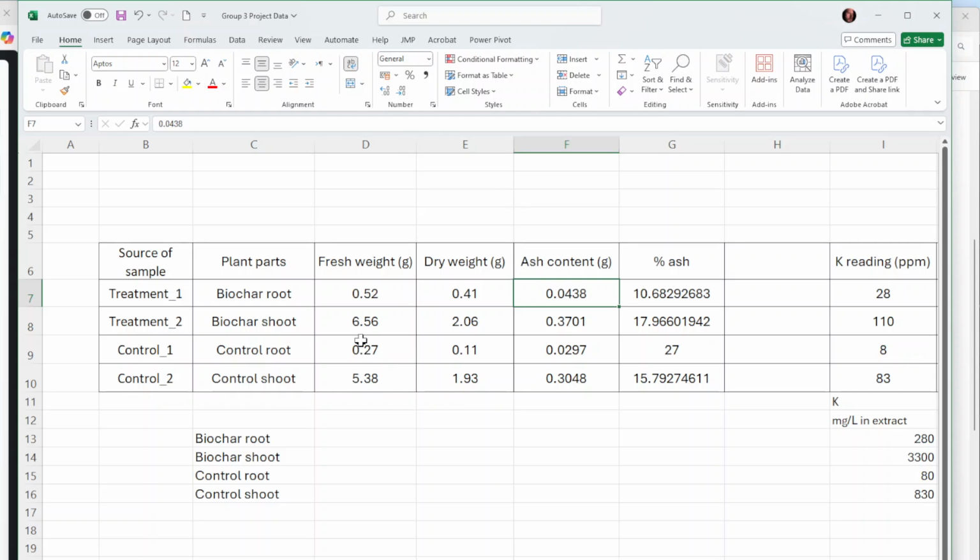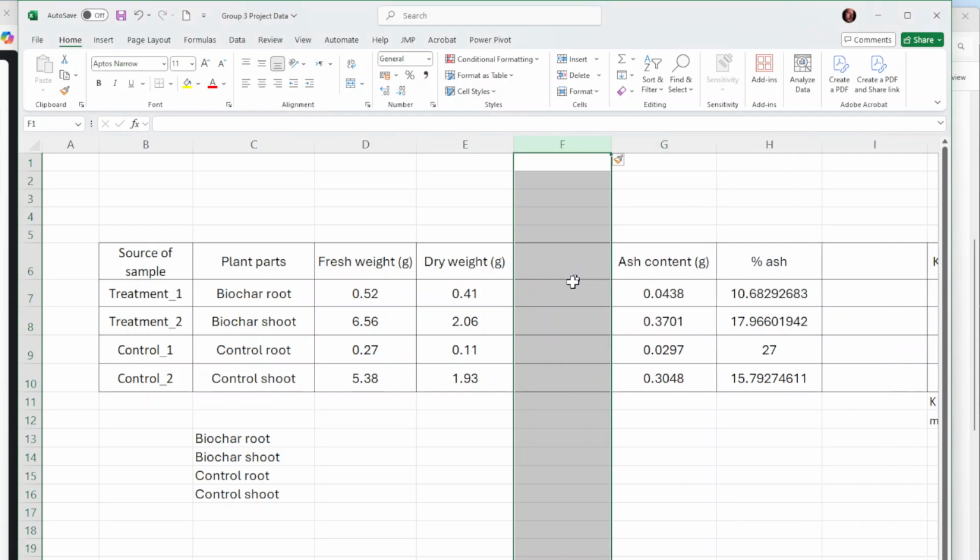So first of all, if you have fresh weight and dry weight, you can calculate here the percentage of, sorry, the moisture content.